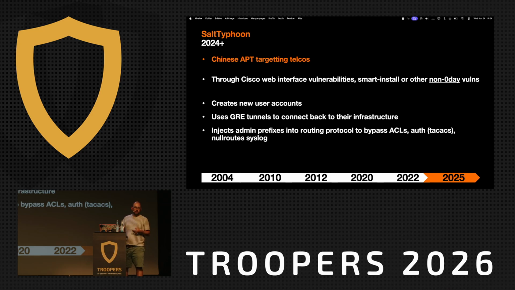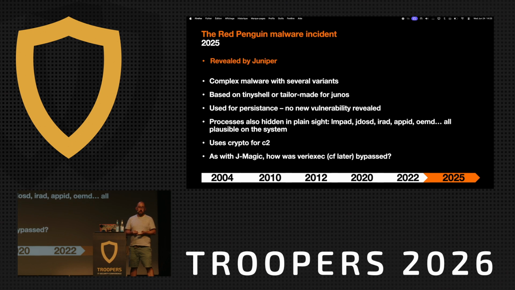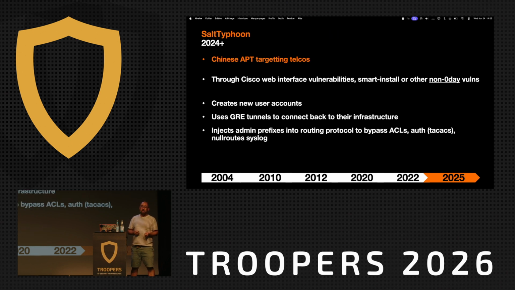Then they would create new user accounts, use GRE tunnels to connect back to their infrastructure, and inject prefixes, subnets into the routing tables to be able to null route logs or to hijack the authentication servers. Very interesting in terms of techniques, not much in terms of malware. But this showed the state of the actors that are targeting telco networks.